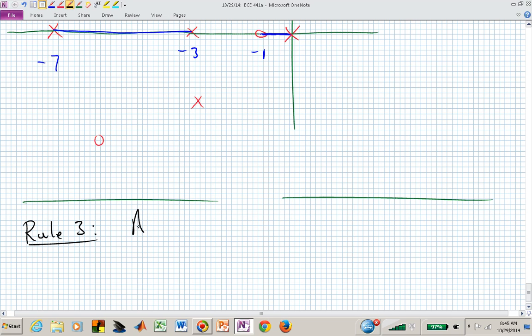This one is what I refer to as the asymptotic behavior for large values of gain k.